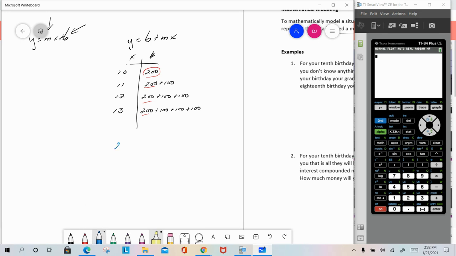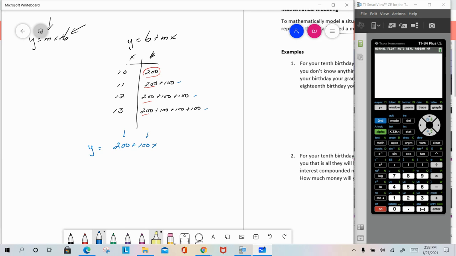So you had an initial gift of $200, then you got $100 on the 11th, 12th, and 13th birthdays. So what I could do is write 200 plus 100x. So y, the amount of money in the box, is $200, the initial value, plus $100 each year after that.